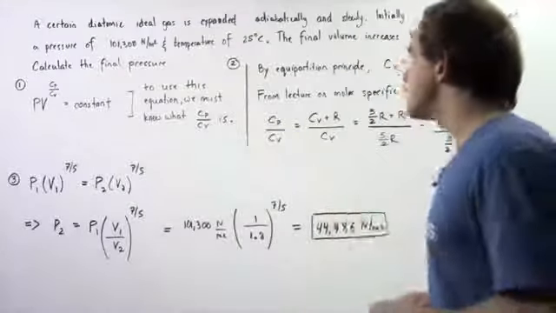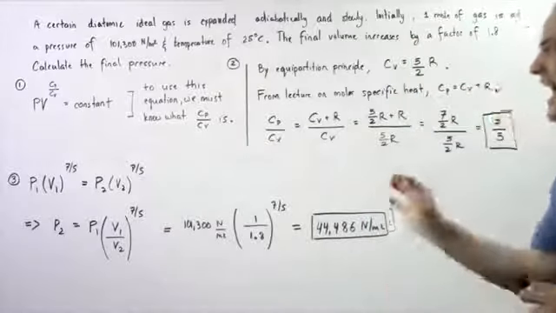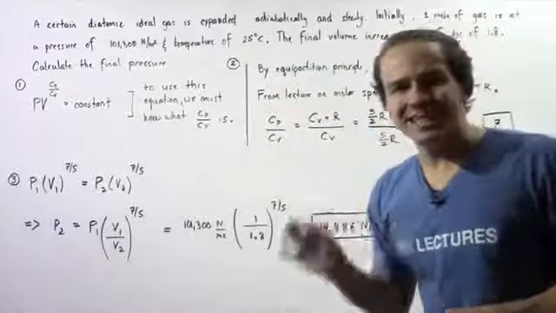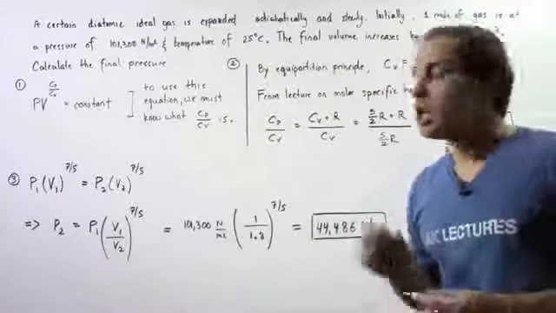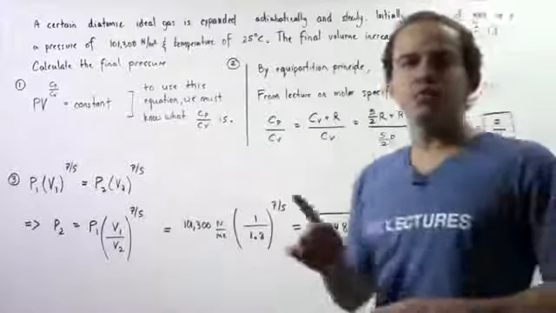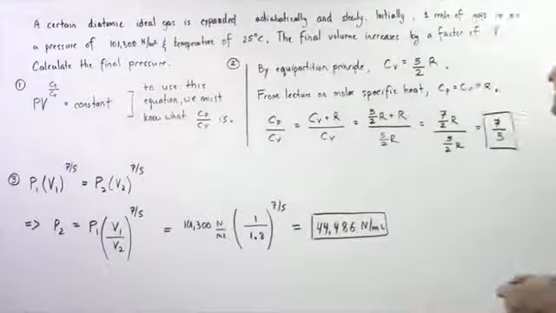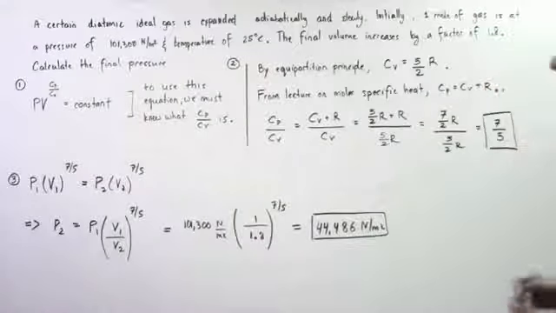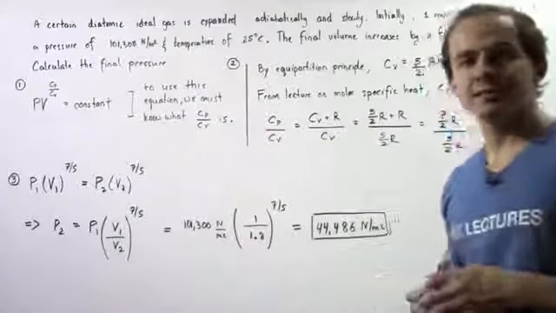So let's move on to step 2. In step 2, that's exactly what we will do. By the equal partition principle of energy, we know that Cv, the molar specific heat when the volume is constant, is equal to 5 divided by 2 multiplied by R, the universal gas constant.